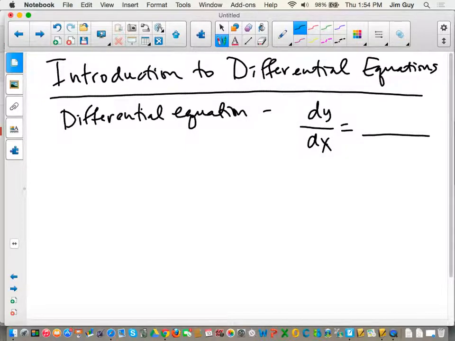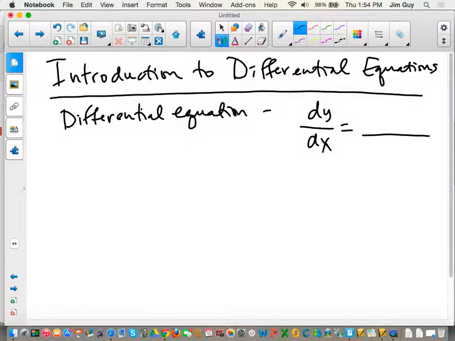So everything you've done up to this point in your math career, the equations have always been a variable like y equals something, or x equals something, or t equals something. Now you're going to start with the derivative equals something. You're given a derivative, or in other words, you're given a rate. You think of it that way in terms of an application. And you want to solve it.